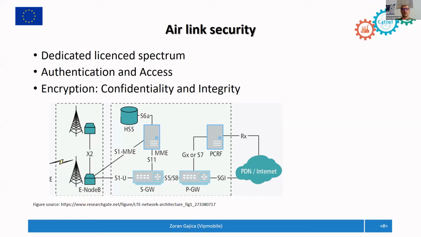So each part has to prove that it knows the key, and what is good is that this key will not be on the air. This key is not exchanged during this authentication procedure. But some calculations will be done, and each side will have to compare the results.